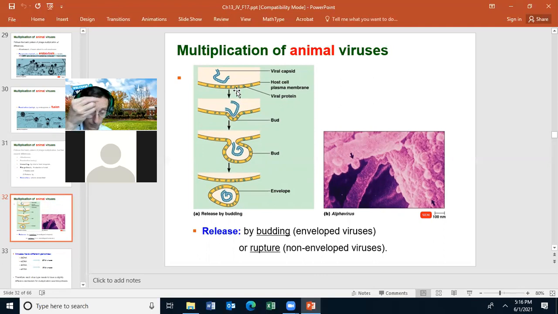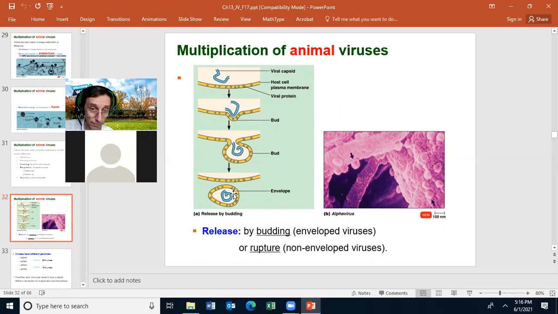Anyways, they will be viral encoded proteins in the membrane, and the virus will come up to that region and then push on the membrane, creating a bud, and continue to push on the membrane until it pushes out the bud, and the membrane will rip off, and then it'll seal, where the membrane will reanneal and reform the cell membrane.